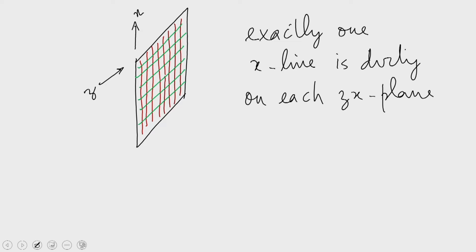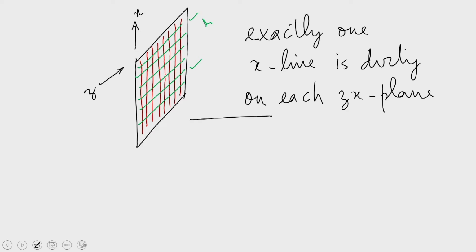When we compare two z lines here, we find that they have approximately the same number of ones. There can be a difference of at most 1 in the number of ones between two z lines from the same zx plane.